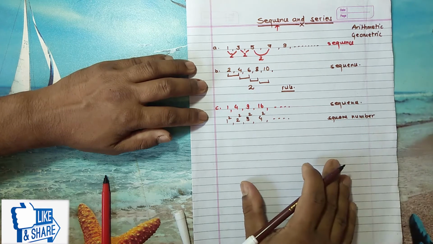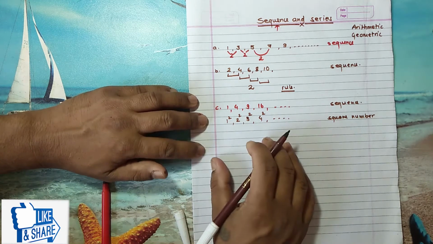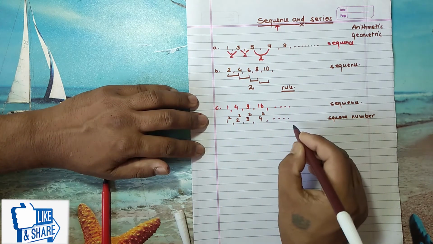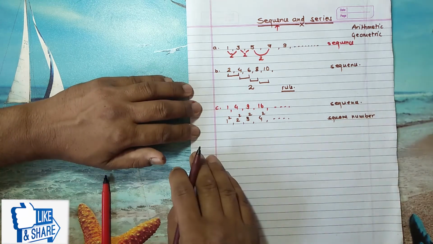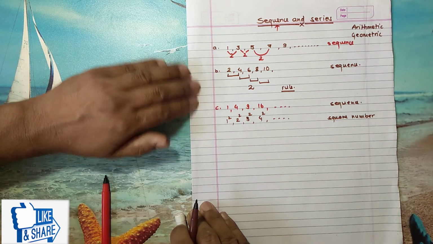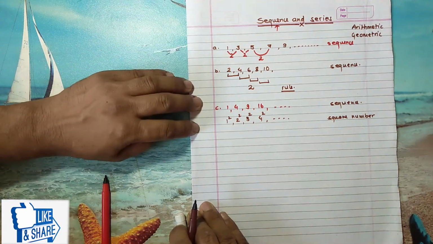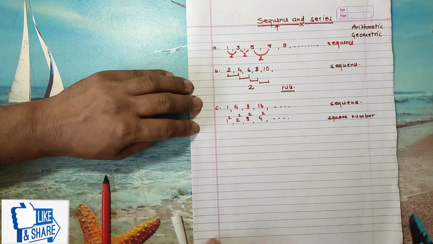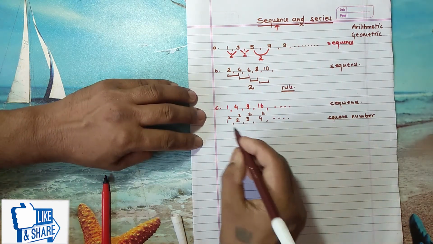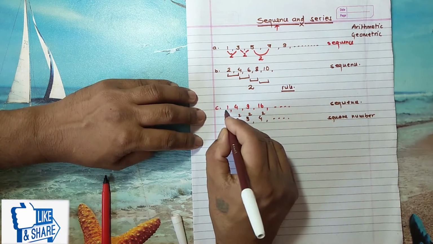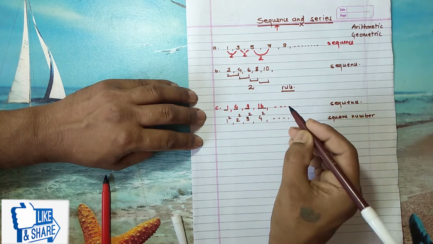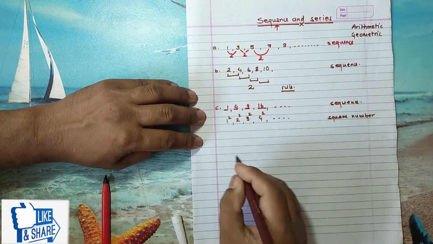Yeah, so we can call it also a sequence because it also follows a certain definite rule. That means a collection of numbers in which each number is organized following a certain rule is a sequence.